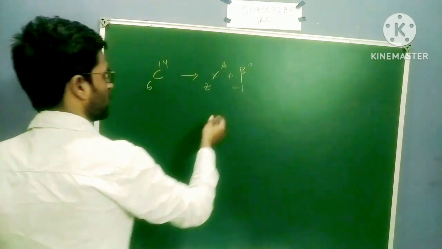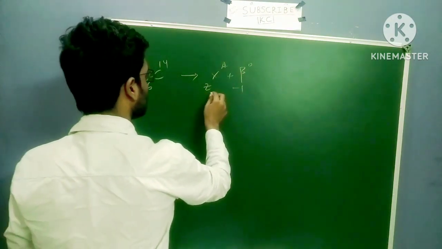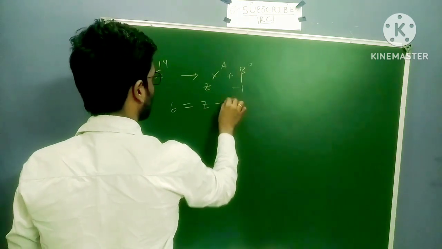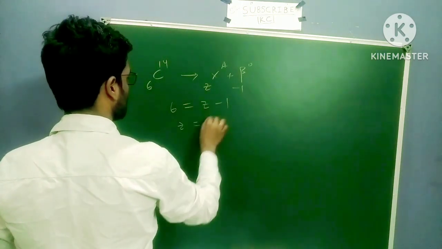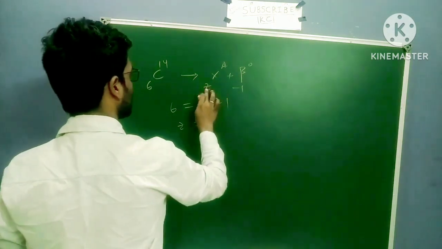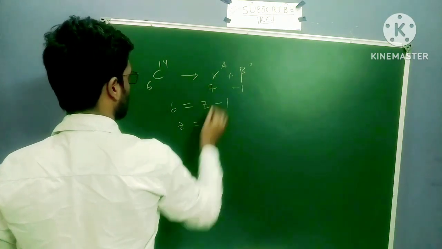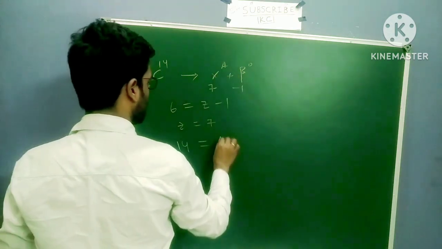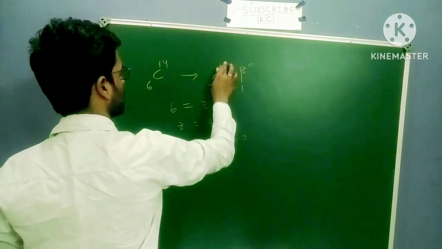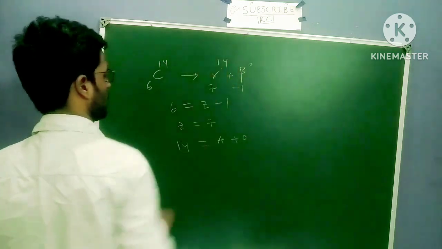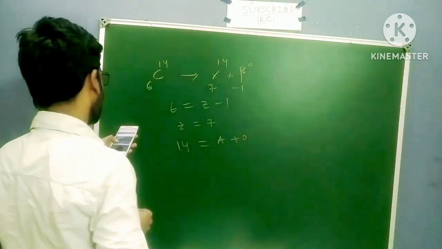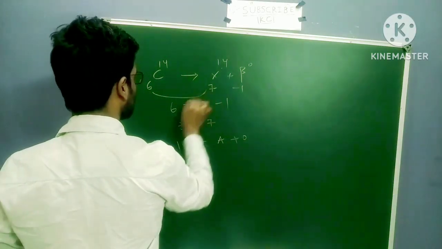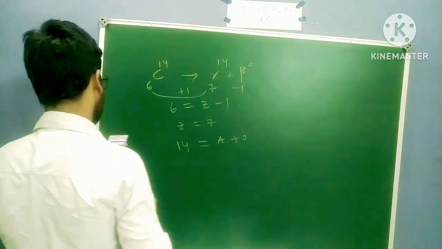See here, first of all, Z minus 1 equals 6, so Z equals 6 plus 1, which is 7. So in place of Z I get 7. Next, 14 equals A plus 0, that means A equals 14. Now the first option, increase of one proton only: here the protons are 6, here 7, so an increase of one proton, of course the first option is correct.